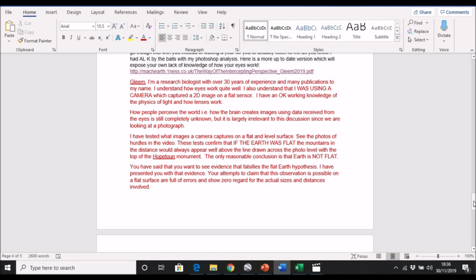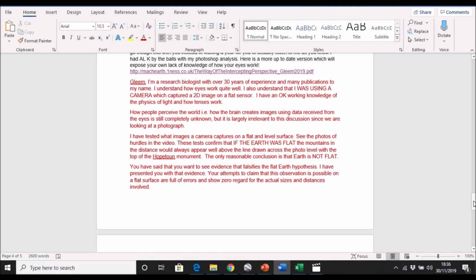How people perceive the world, i.e., how the brain creates images using data received from the eyes, is still completely unknown. Nobody knows how we manage to generate this image that we see in front of us of the world. This conscious perception of the world around us is an absolute mystery to biology at the moment.